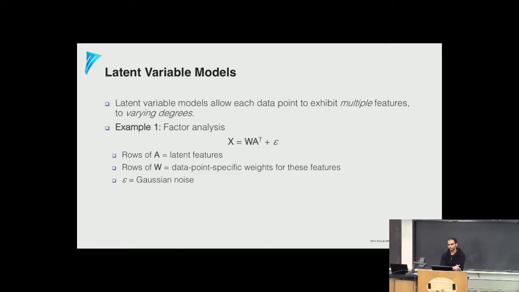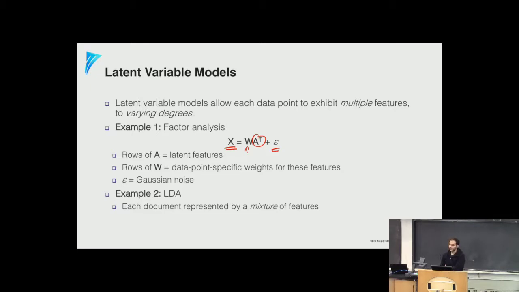Let's say a very simple factor analysis model, where our observations are related to some latent features A through a linear transformation with a matrix W. We have data point specific weights that are assigned to every single latent feature, and we have a bunch of latent features, and there is some noise vector epsilon.